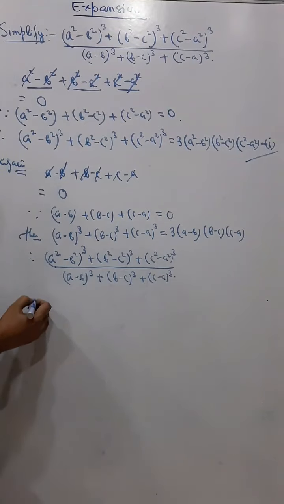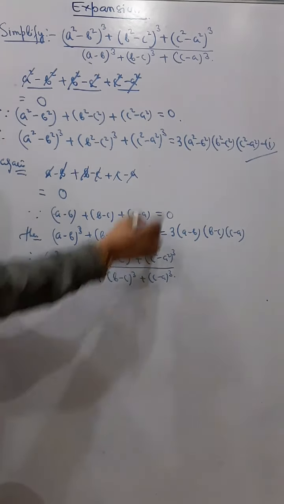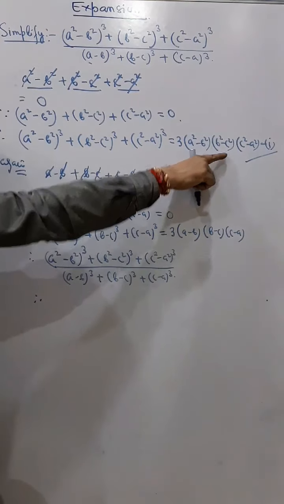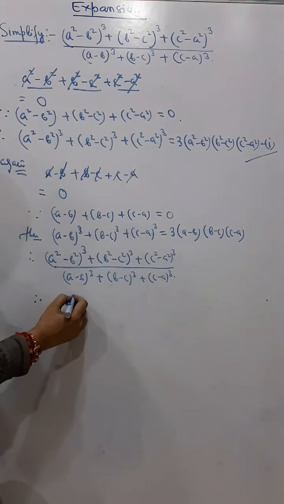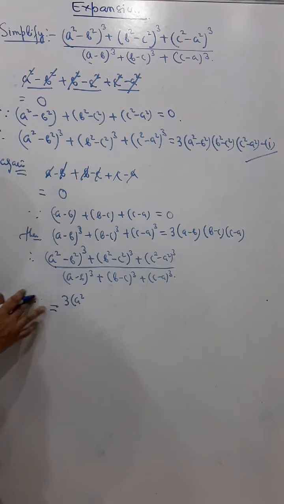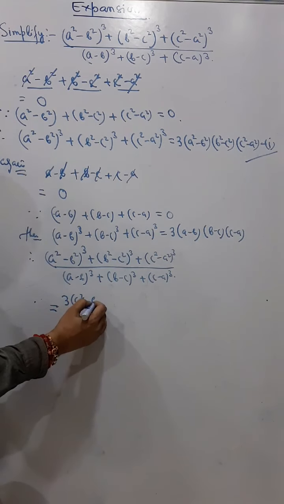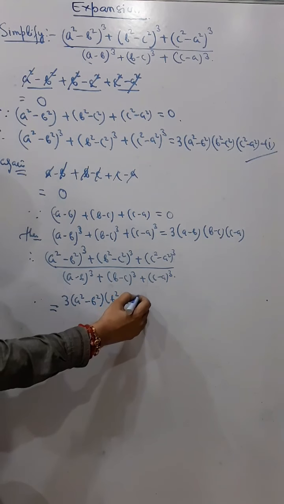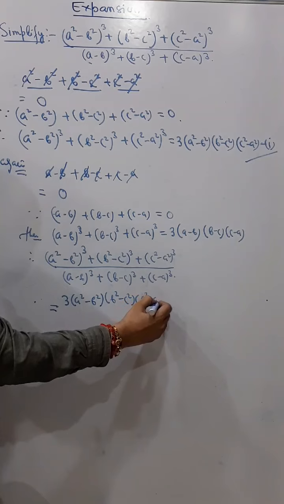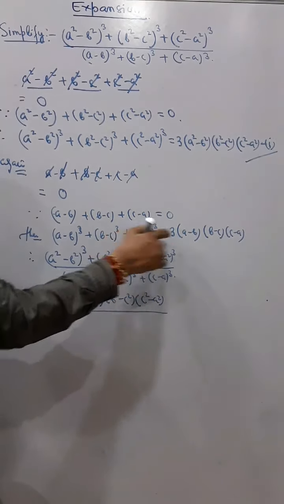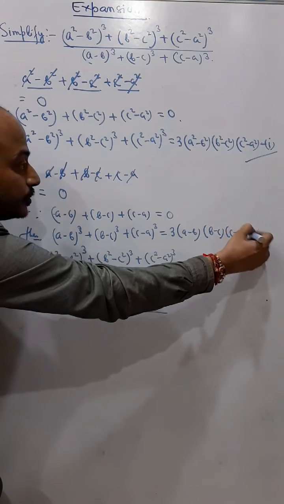In this place, from number 1, we can put 3 into (a square minus b square) into (b square minus c square) into (c square minus a square). And this one is from number 2.